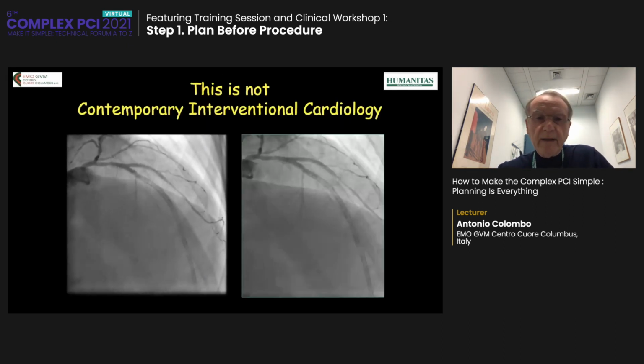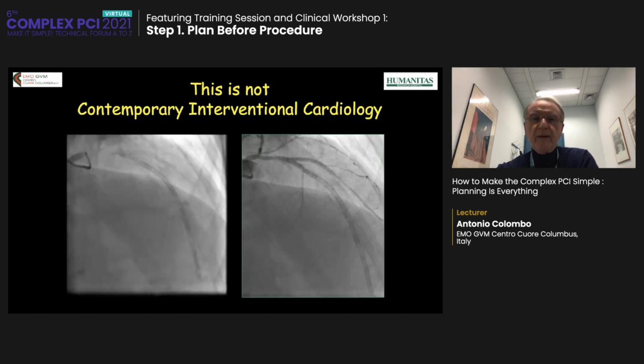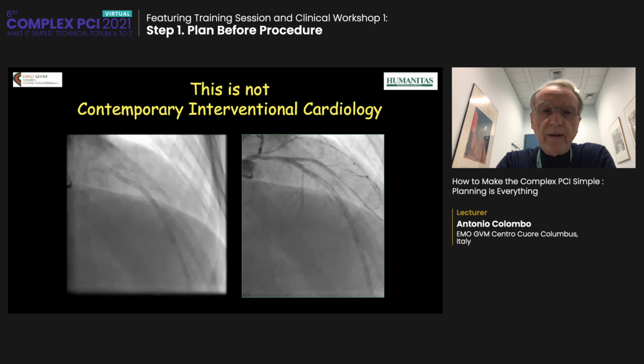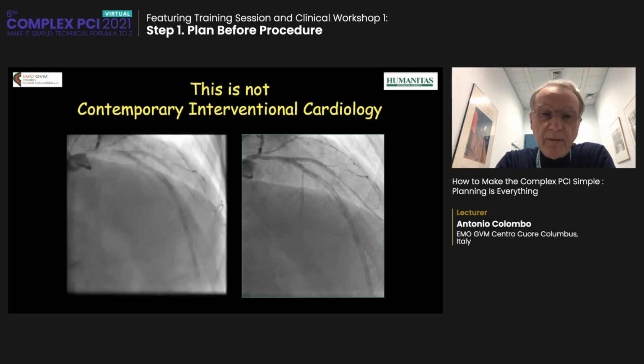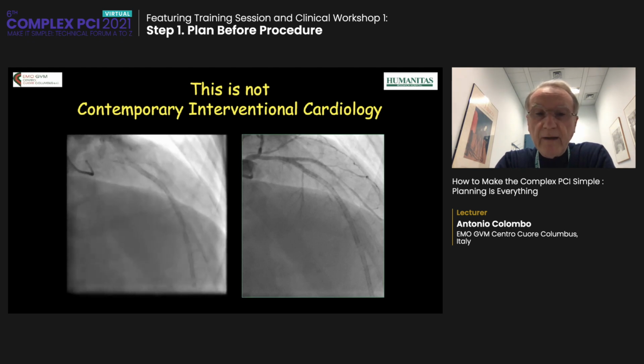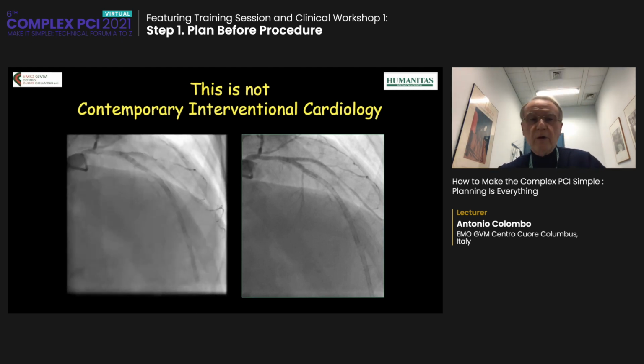I do not believe we have to do this kind of PCI. This is not contemporary interventional cardiology. Immediate result may be perfect, but a few years after it is not rare to see total occlusion of long stents.